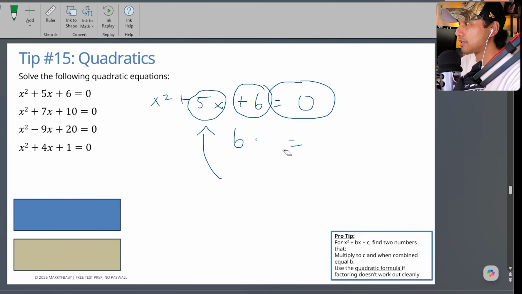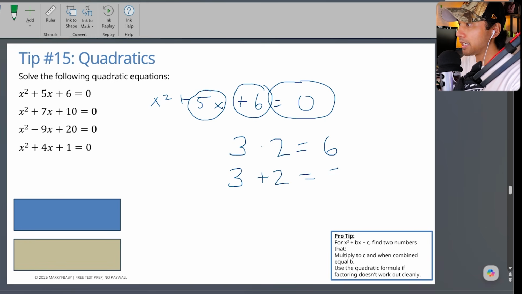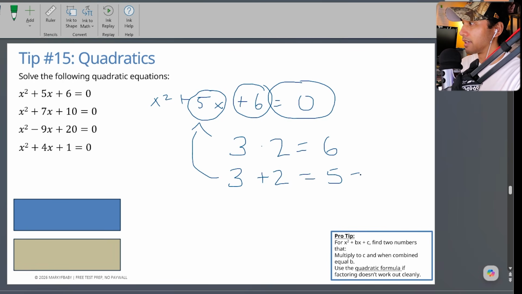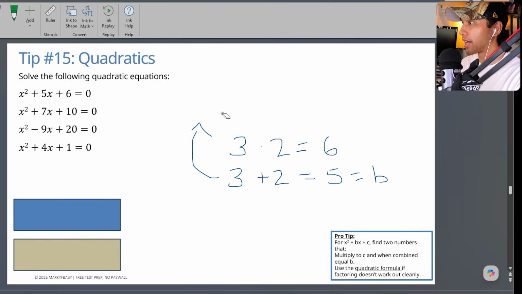In this case, it is 3 times 2 equals 6, and then 3 plus 2 equals 5. Are we tracking? All right. Equaling b. So that's the rule. Let's go ahead and check out the next problem.